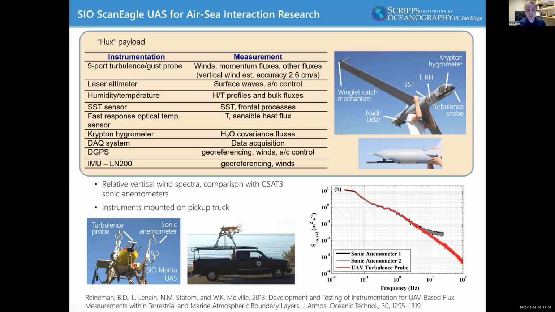We added laser altimeters so that we have information about surface waves, humidity and temperature sensors, sea surface temperature, fast response optical temperature sensors, and hygrometers, so we can get sensible and latent heat flux, again, coupled with the gust probe. And all those instruments were carefully calibrated against state-of-the-art instrumentation.